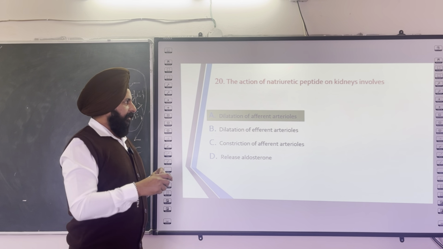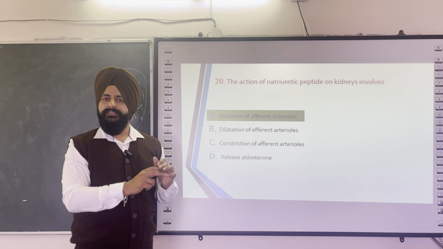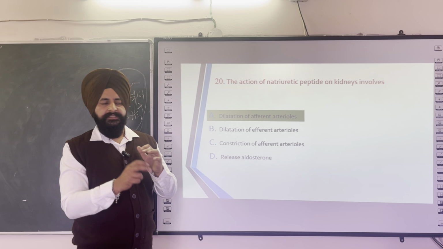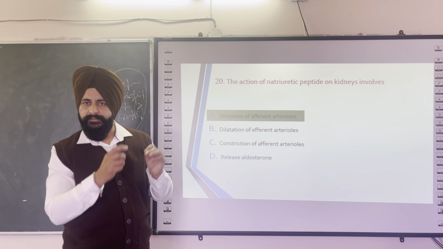The natriuretic peptides, also called atrial natriuretic peptide, are useful for dilation of afferent arteriole because they increase sodium excretion, they inhibit the renin release, they inhibit the angiotensin formation, and by inhibiting the angiotensin they are useful as a dilator for the afferent arterioles.